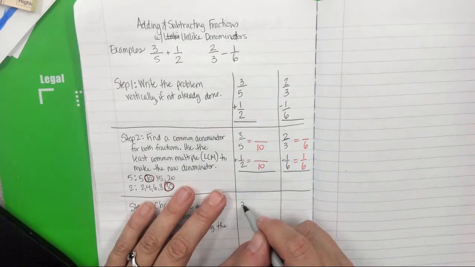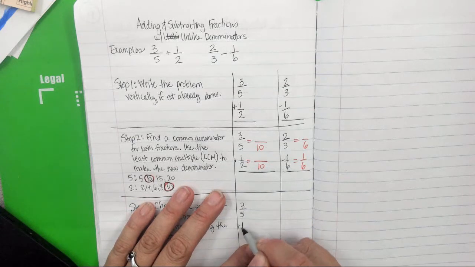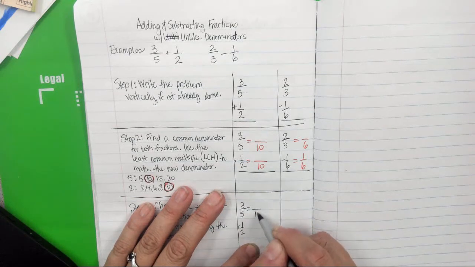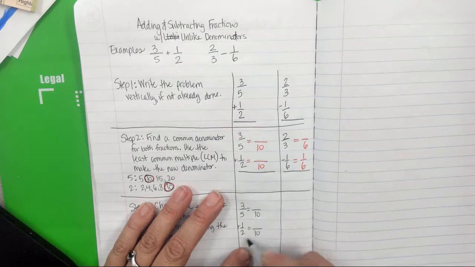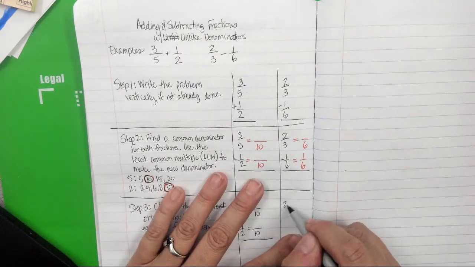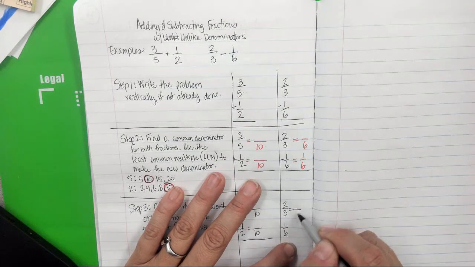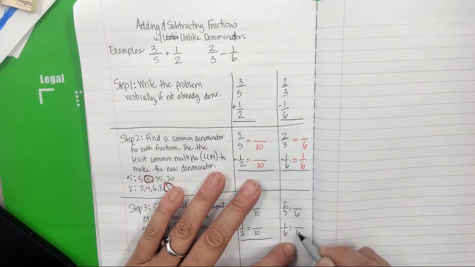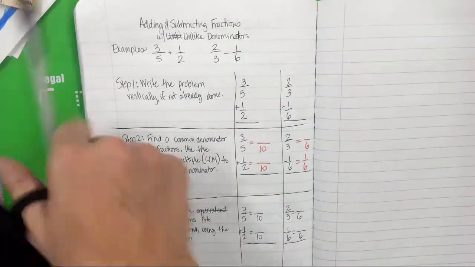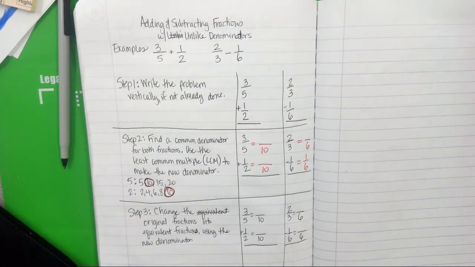That's where equivalent came from. Okay, so we got 3/5 plus 1/2, and we've already found this denominator, right? They both go into 10, and then we've got 2/3 minus 1/6. Again, we've already found these, right? Good job. So now I've got to make these equivalent, right?